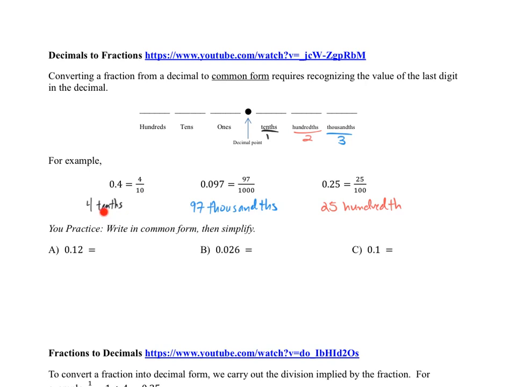4 tenths, whatever unit we use, tenth or hundredth or thousandths, that's the number that goes in the bottom. So 4 tenths. 25 hundredths, you notice there's 100 down here. 97 thousandths, there is 1,000 in the denominator.